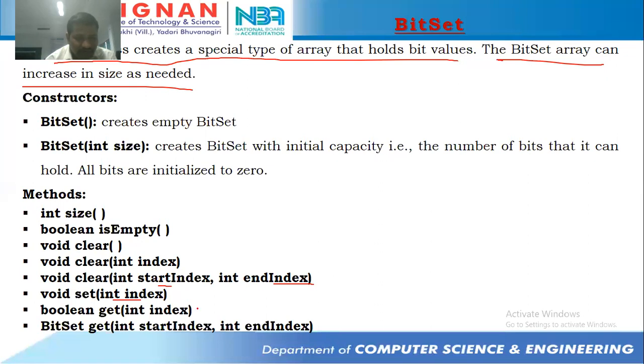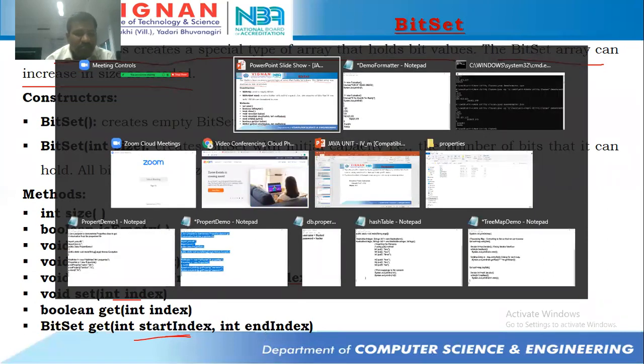And boolean get means it gets what bit is present at the appropriate index, and that it will give us. And we can retrieve from one index to another index. Okay, so just make a note of this.